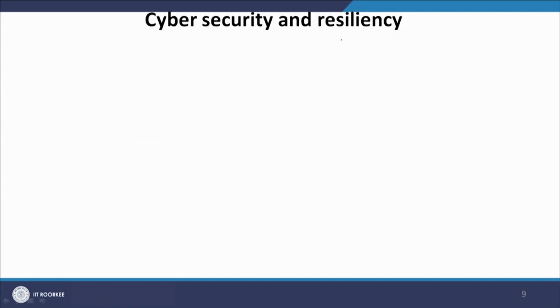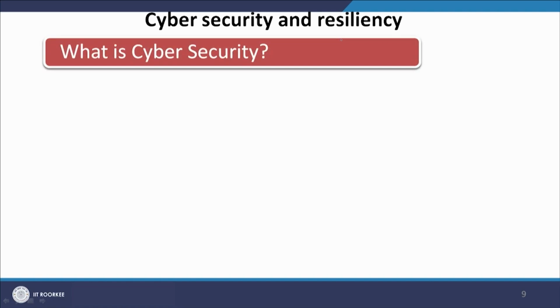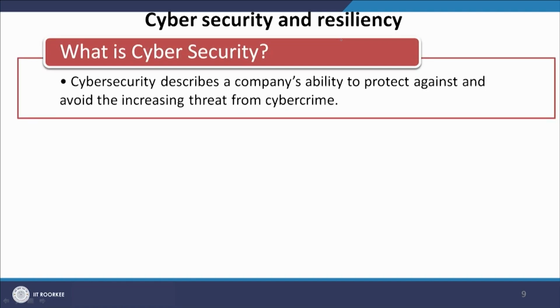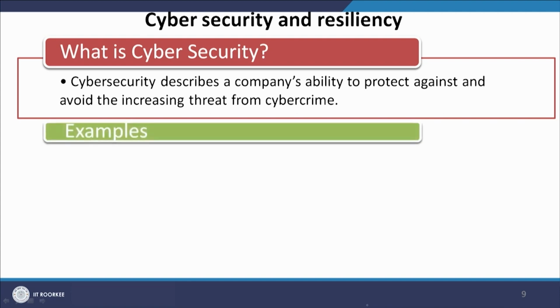Now, we will move to cyber security and resiliency. So, what is cyber security, to start with? Cyber security describes a company's ability to protect against and avoid the increasing threat from cybercrime. If you can protect against those threats, then you are cyber secured.